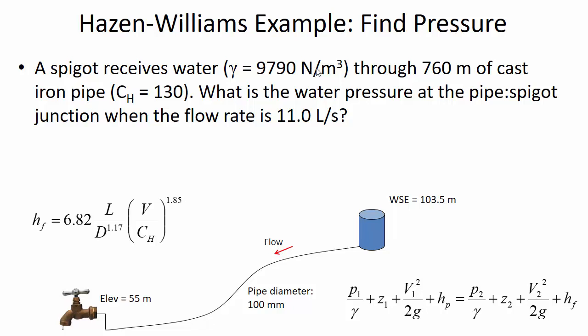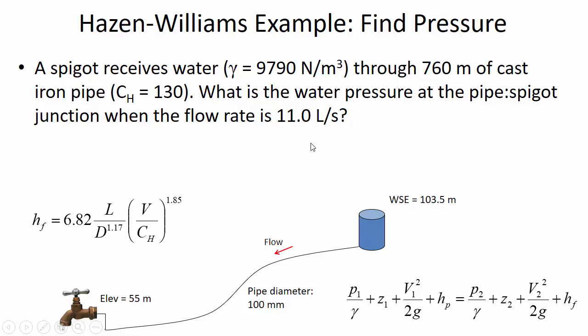Let's practice this one where you're finding some unknown pressure downstream, where we want to find out at the spigot, here at the tap, where we know the elevation, and water's coming from some elevated tank that we're going to assume is open to the atmosphere.